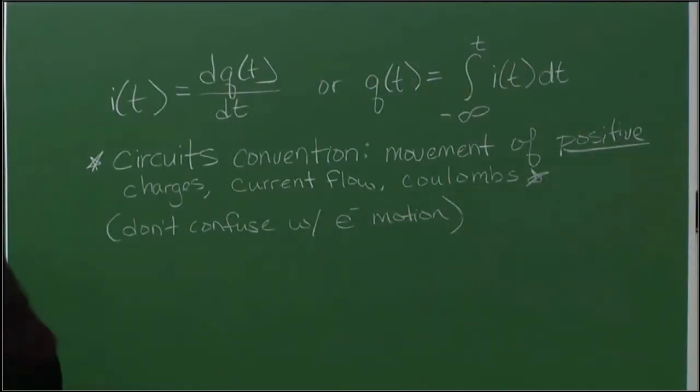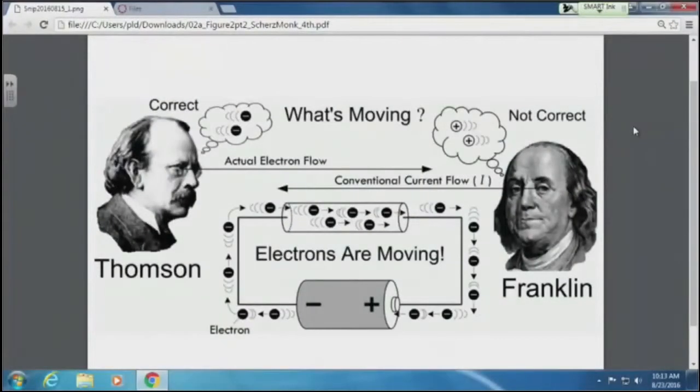But unfortunately, we'll go to our little history. This is in your book. Franklin derived equations for something that was unknown, and when he did it, he assumed these unknown items had a positive charge. He was deriving all the base equations of circuits, and laws were built on them. Then Thomson said, look at my experiments later: electrons are actually what's moving, or the propagation of motion from electrons moving around.